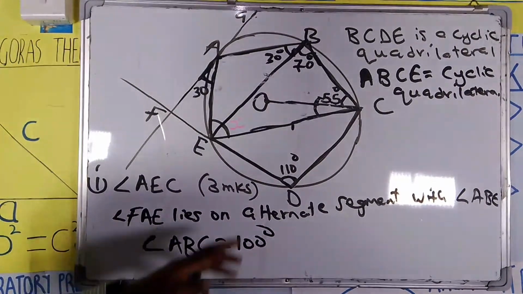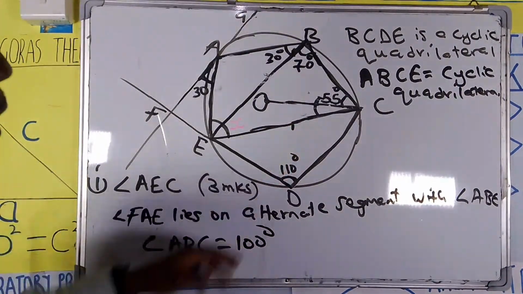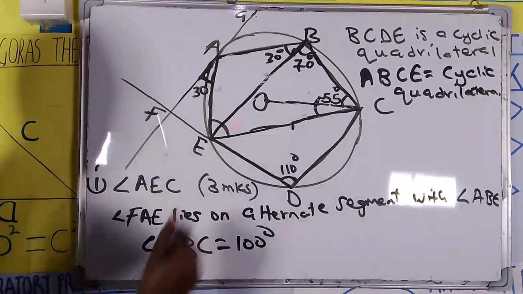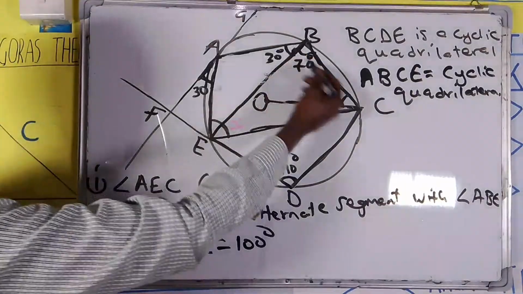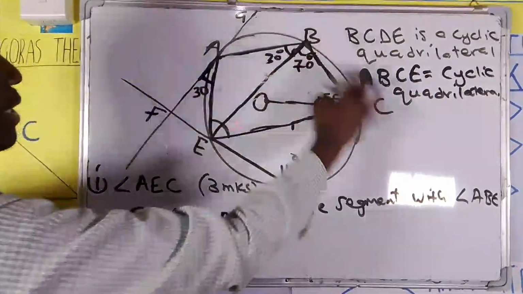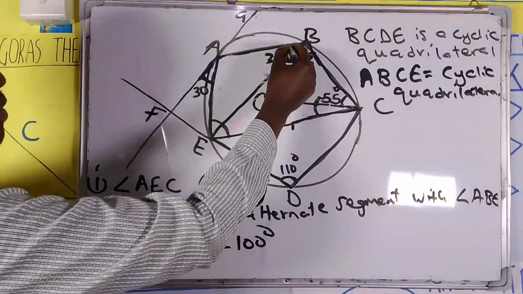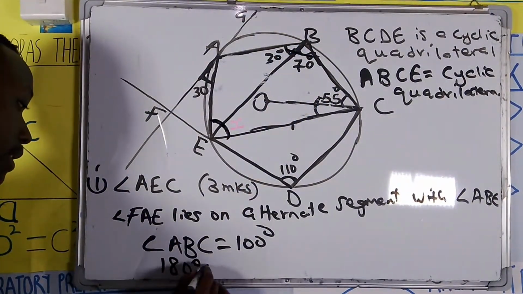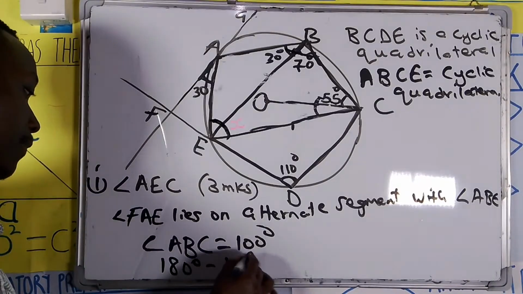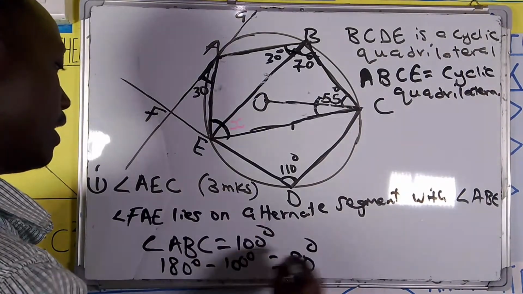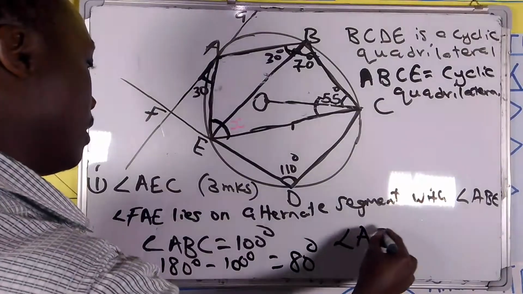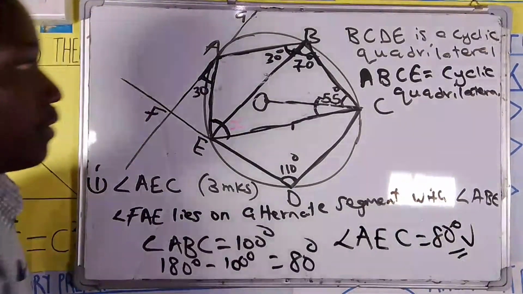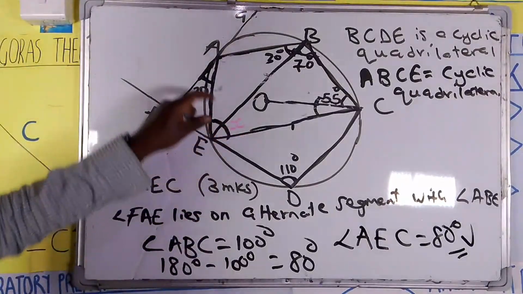And if this one is 100 degrees, therefore AEC is supplementary. You can note that ABCE is cyclic. So if this one is 100, this one is going to be 180 degrees minus 100 degrees, which is 80 degrees. Therefore, angle AEC is 80 degrees. I had not seen this subtension.